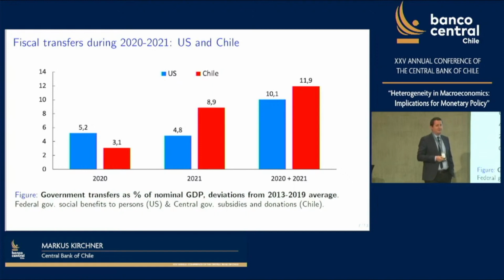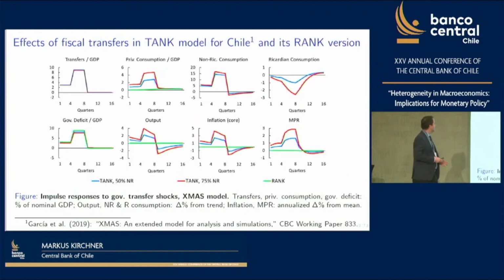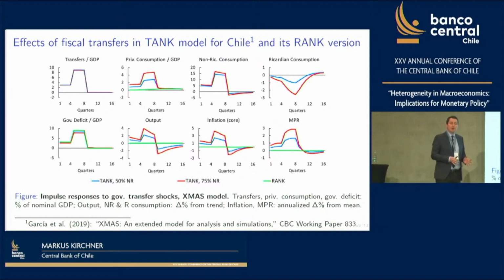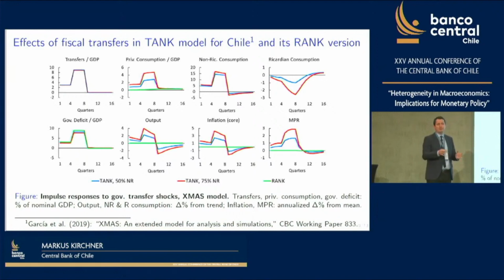So one exercise that we did is use our current DSGE model that we're using at the central bank. That's XMAS, published in 2019, an extended model for analysis and simulations. It's a pretty large DSGE model that has a lot of features. It's a small open economy model. It has nominal and real rigidities, search and matching in the labor market, and an extended fiscal policy block.